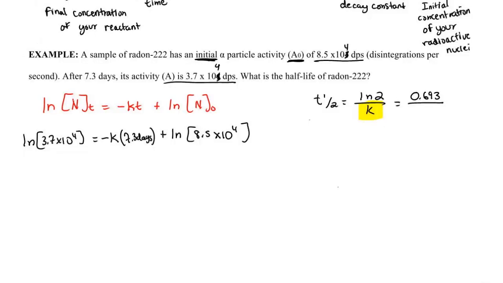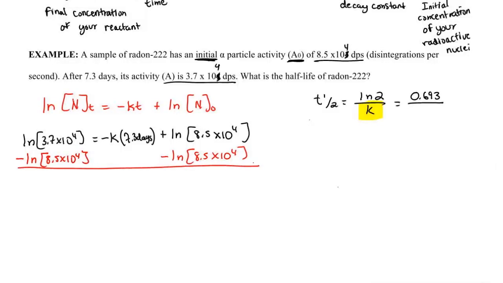All we got to do now is separate just the k by itself. So what we're going to do next is we're going to subtract ln 8.5 times 10 to the 4 from both sides here. So this gets taken out. Over here, it's going to give me negative 0.831733.